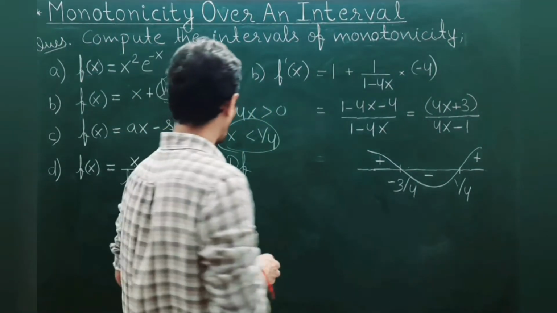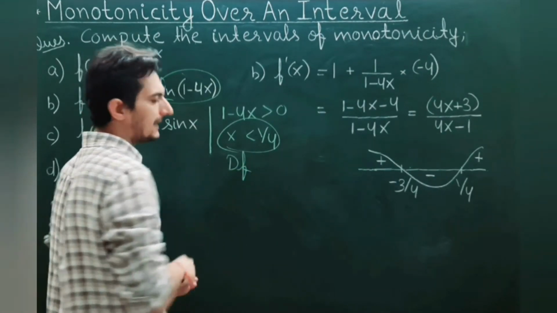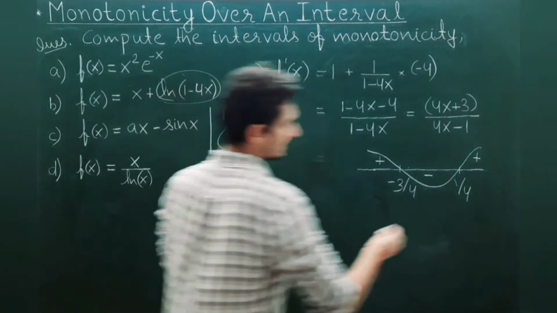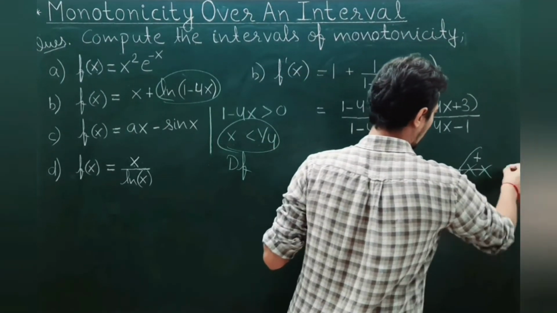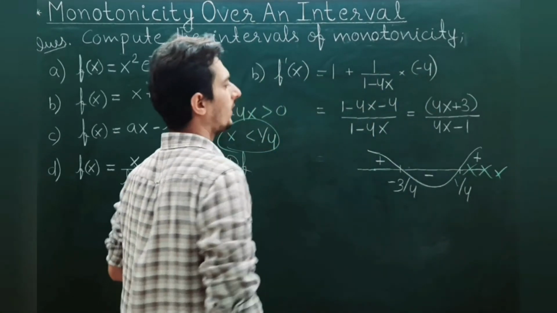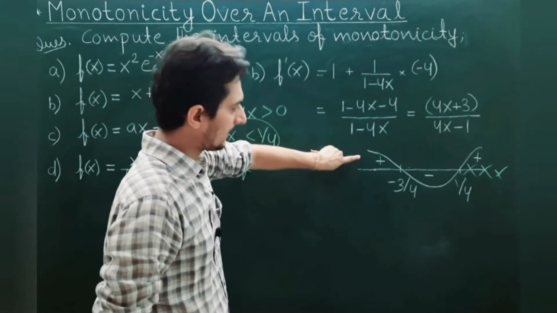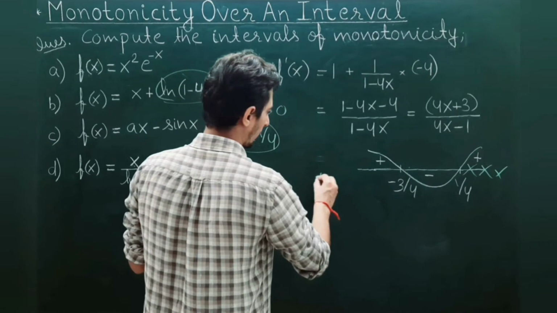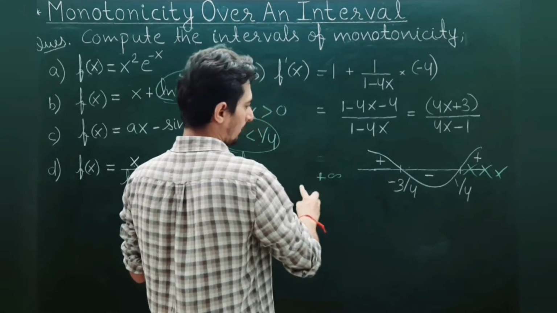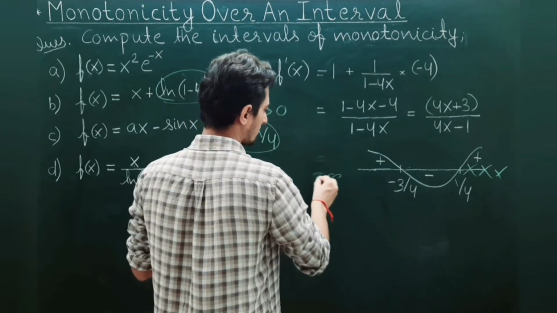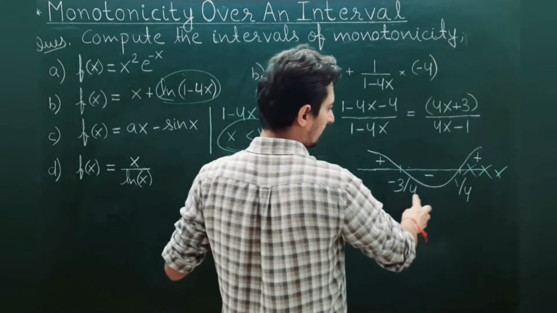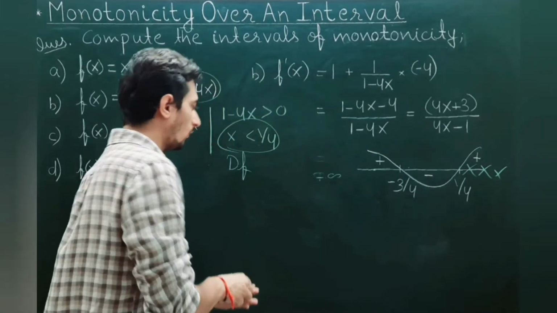Okay, so the domain was x less than 1 by 4, that means 1 by 4 is not part of the domain. So on the left of 1 by 4, the derivative is positive from minus infinity to minus 3 by 4 and negative from minus 3 by 4 to 1 by 4.